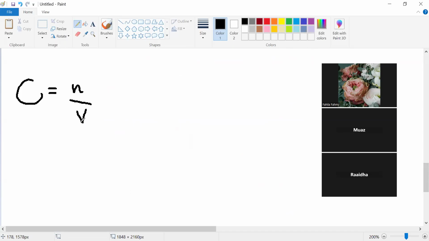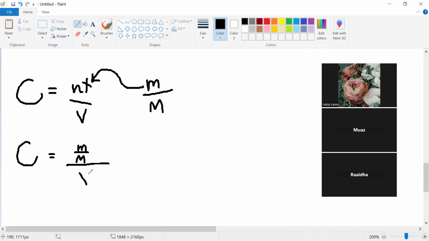But what if they don't give you the number of moles? They can give you the mass. From the mass, you can find the number of moles. How? You divide the mass by the molar mass. So the concentration can also be found by m divided by M, and that value divided by V. Agreed?